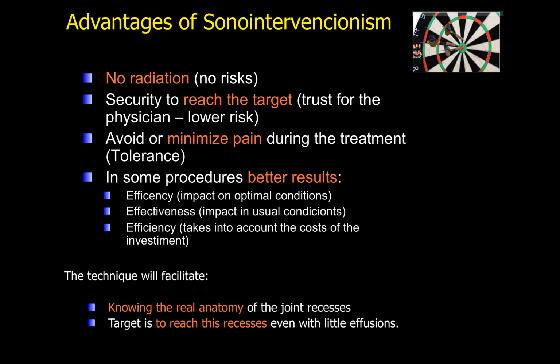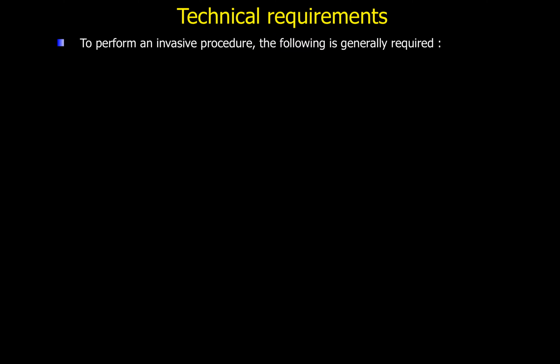The most important is that the technique has to reach the joint recesses when we inject intraarticular. We have to know the real anatomy of the recesses, and the real target of the invasive interventionism is just to reach these recesses even with little effusions.